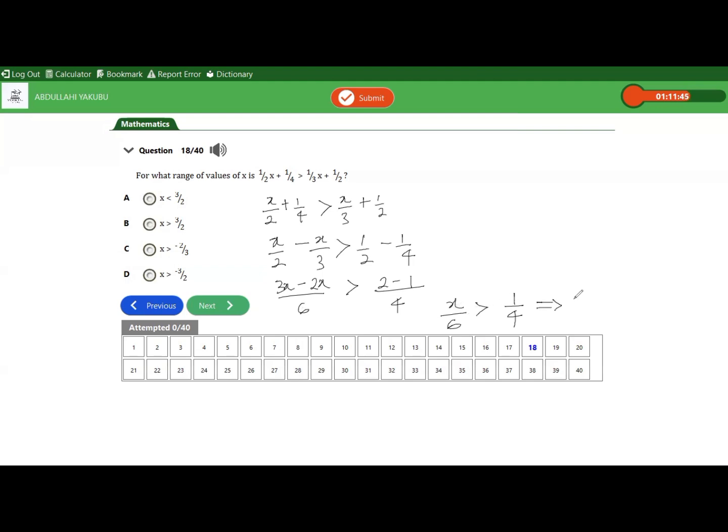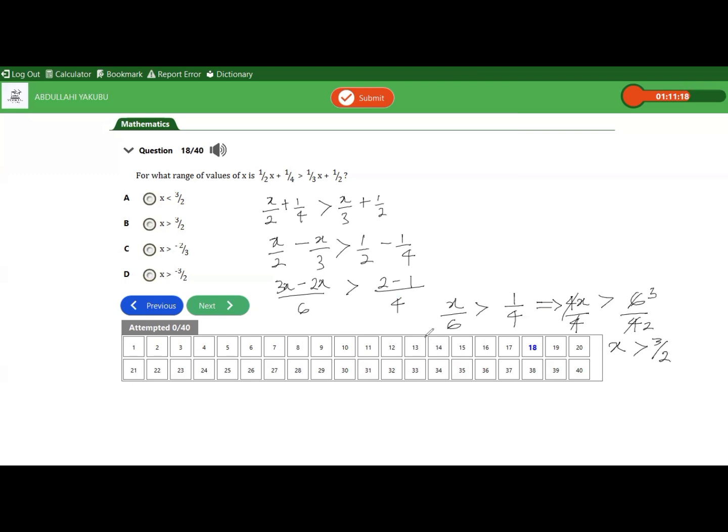This implies we have 4 multiplied by x gives us 4x greater than 1, 6 multiplied by 1 gives us 6. Now divide both sides by 4. We have 4 cancel 4. We have x is greater than 2 here, 2, 2 here, 3, so x is greater than 3 all over 2.